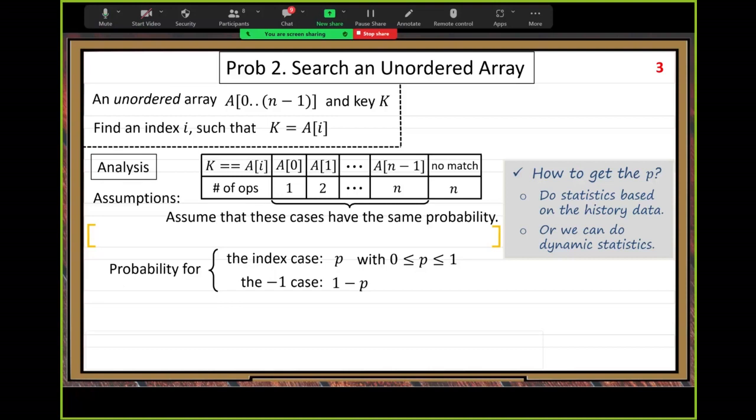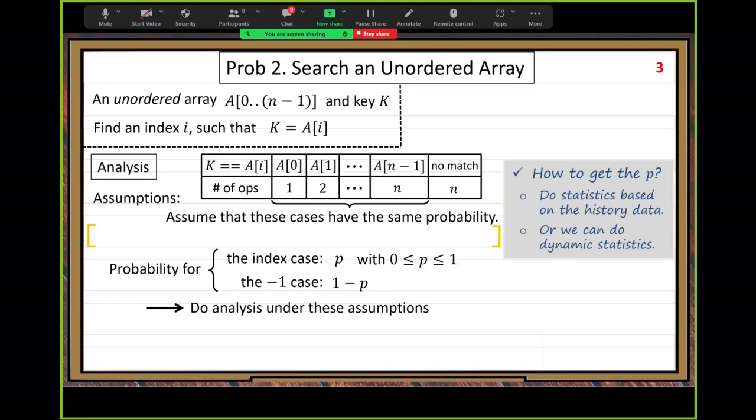You still use the history data to predict this probability. So here, I just explained how to get an estimate of the p-value.